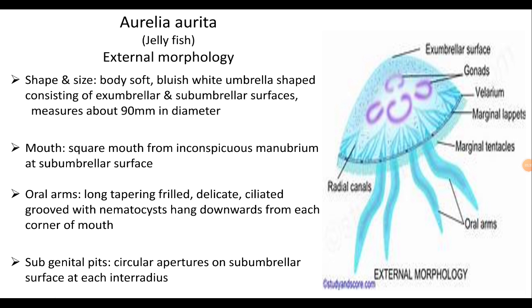Its circular body measures about 9 mm in diameter and presents a convex aboral or exumbrellar surface and a concave oral or subumbrellar surface.